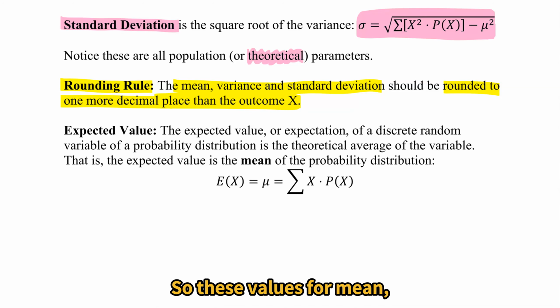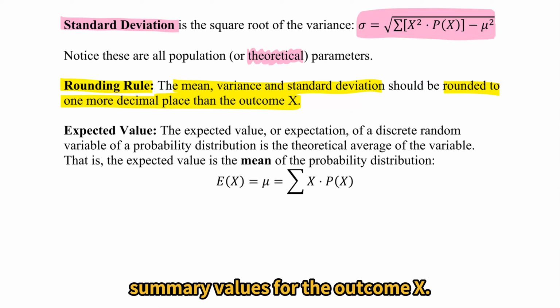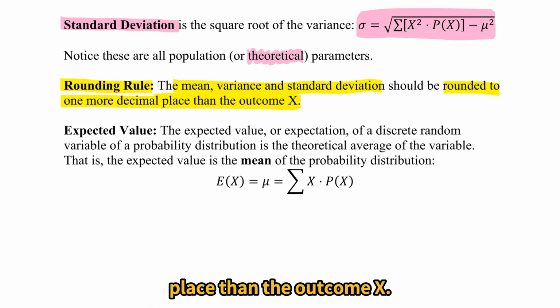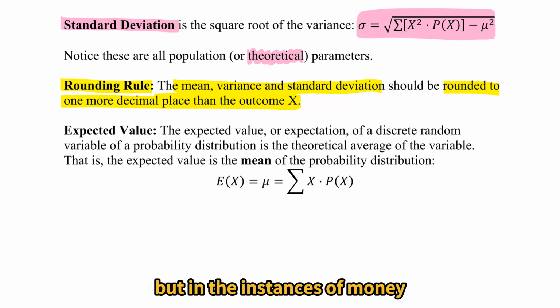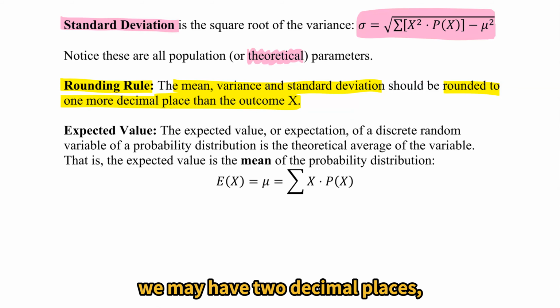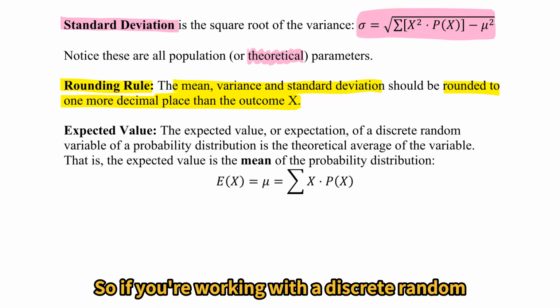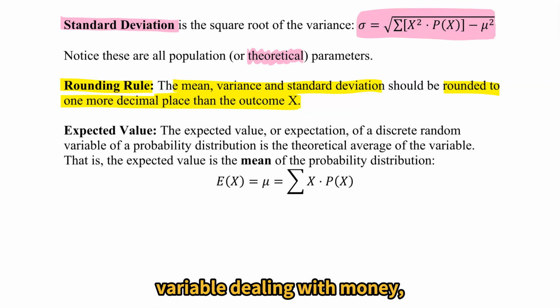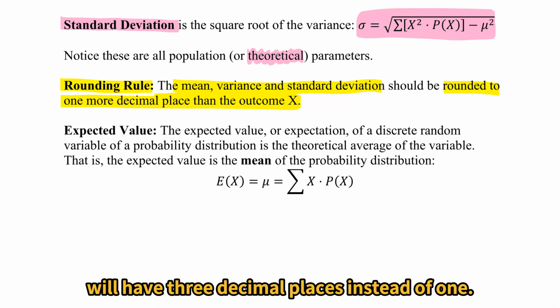So these values for mean, variance, and standard deviation are summary values for the outcome x. So we round to one more decimal place than the outcome x. Now, x is a discrete random variable, but in the instances of money, we may have 2 decimal places because we can count cents. So if you're working with a discrete random variable dealing with money, then your mean, variance, and standard deviation will have 3 decimal places instead of 1.